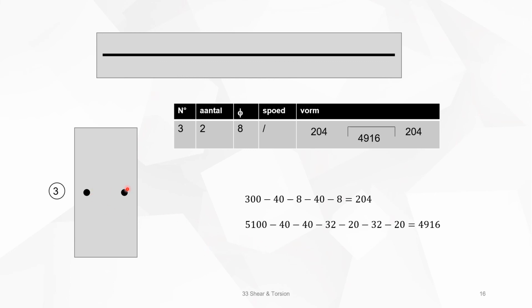This time for the length you must take care what you decide. Are you going to put this rebar 3 outside? No, because the other bars are already at the outside, so you must put it inside. It means you have 5100 total length minus concrete cover left, concrete cover right, minus bar number 1 minus bar number 2, left and right, and you have 4,916.